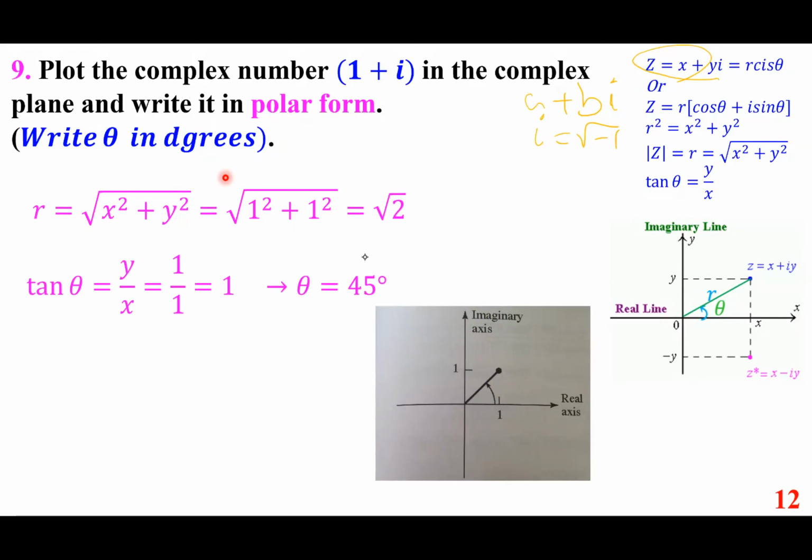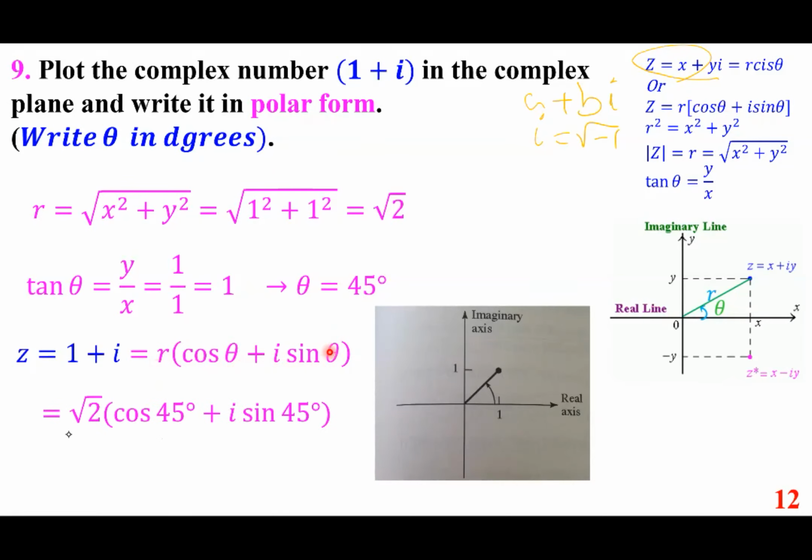We want to put it in degrees. Therefore, z, which is 1 plus i, represented in this complex format, is square root of 2 cosine of 45 degrees plus i sine of 45 degrees.